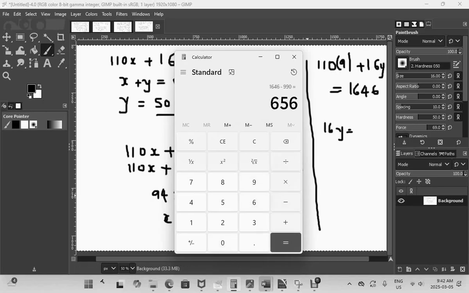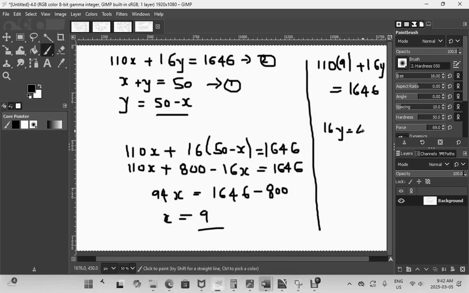This will be 656 divided by 16, which is 41. So your y is basically 41.